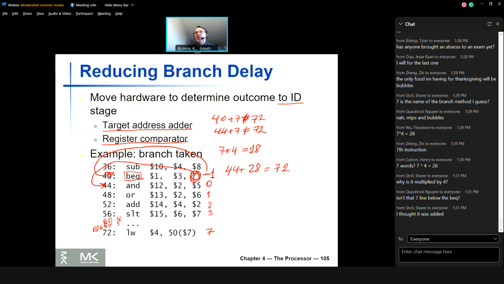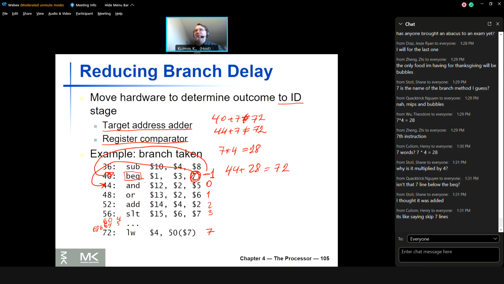Each line is 1 instruction, so it's 7 lines below the BEQ. And hopefully you had fun with this question on the test, because it was exactly one of the things on the past test with the BEQ instruction.